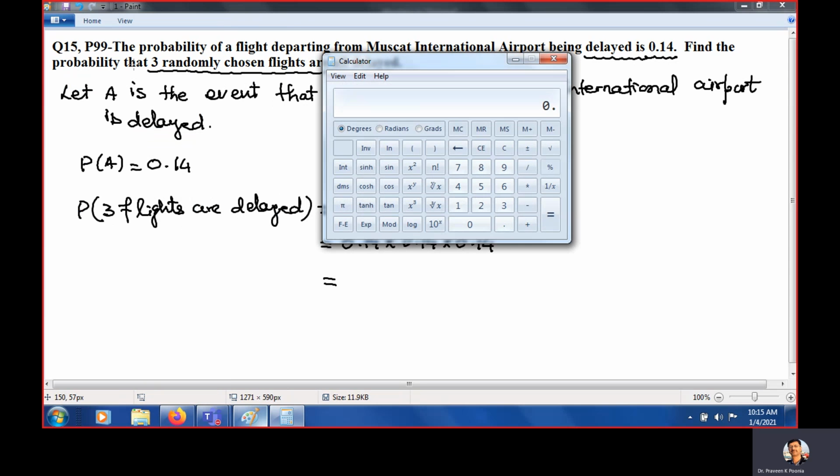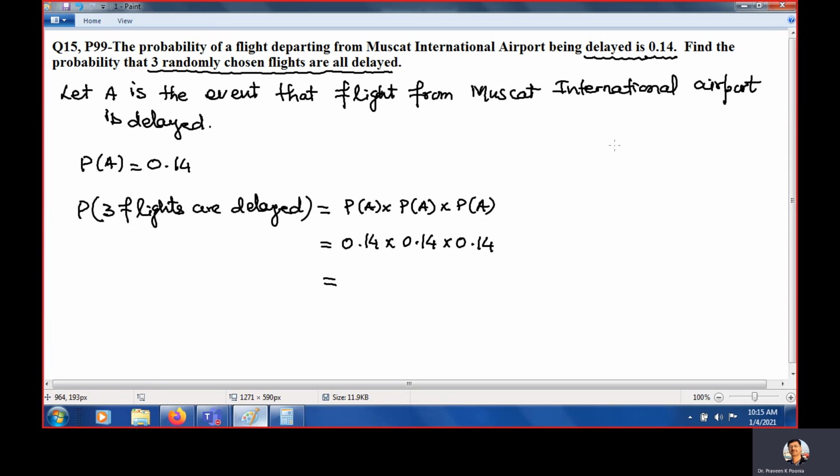What is it? 0.002744. So this is the probability that the 3 randomly chosen flights will be delayed. This is question number 15, related to flights.